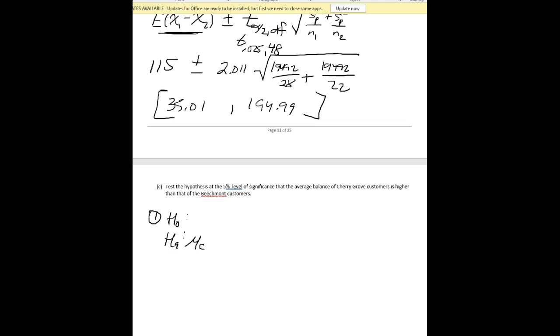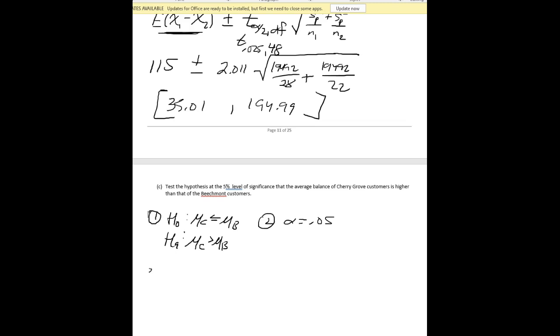We're going to call the mu of Cherry Grove just mu C, and say that it is greater than the mu of Beechmont. Then we go up to our H naught for the complement of that: mu C is not greater than, so less than or equal to. So that's that. Step 2, our alpha, because we're looking at a 5% level of significance, is 5%.